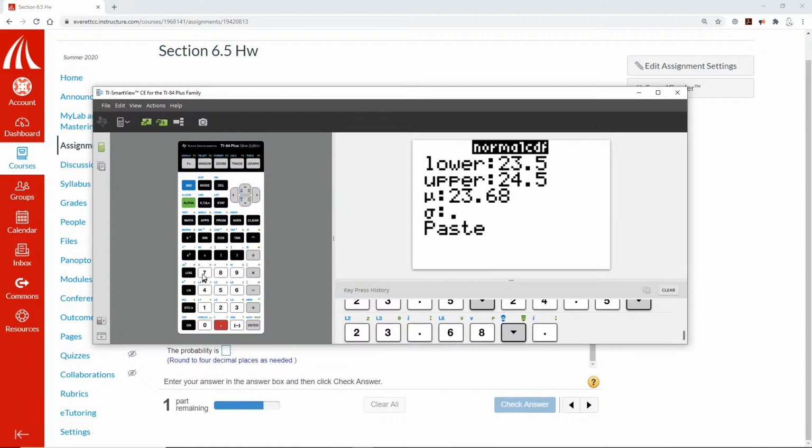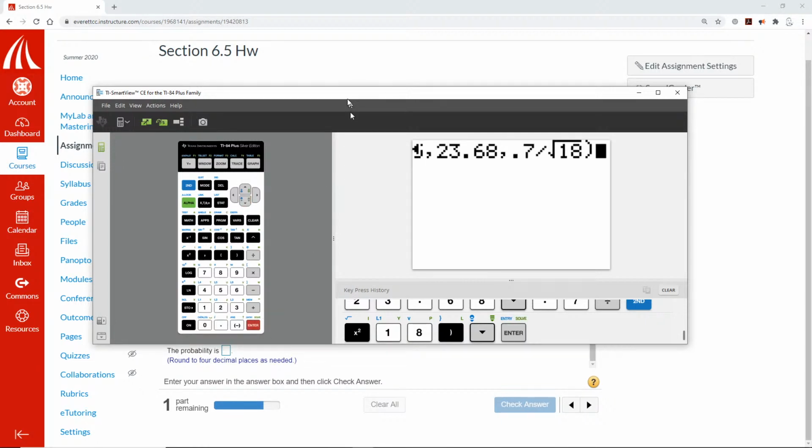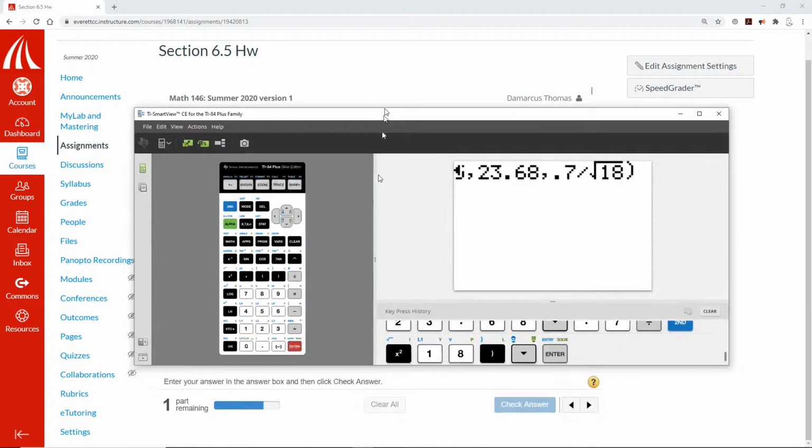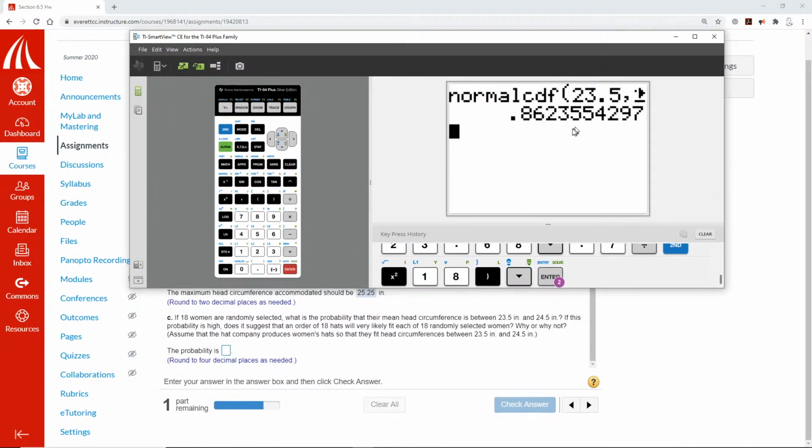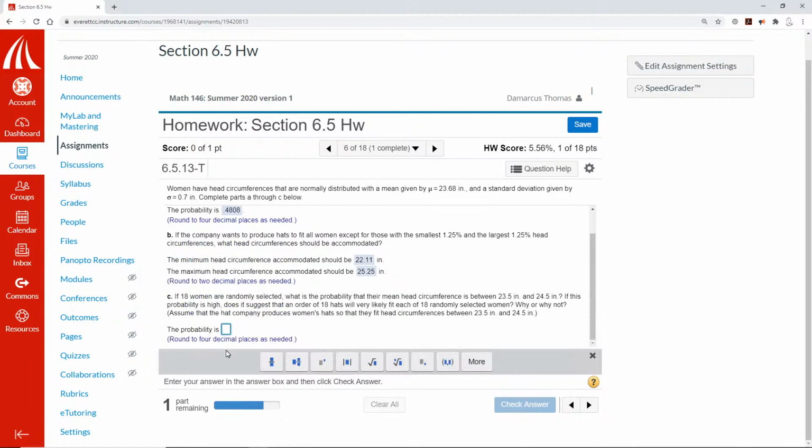It's 0.7 divided by the square root. You could just put it all in here like the way I'm doing it here. 18. Now we're going to paste this onto the home screen. Make sure that was 18. Yep. Enter. And our probability is a little higher now. 0.8624.